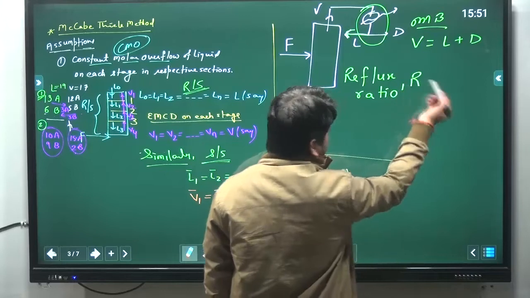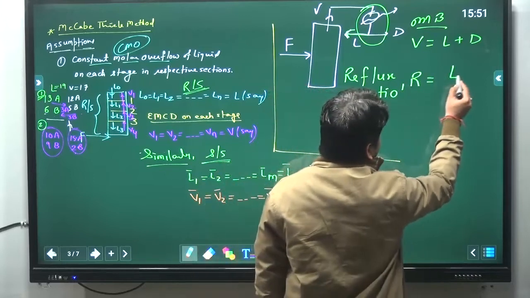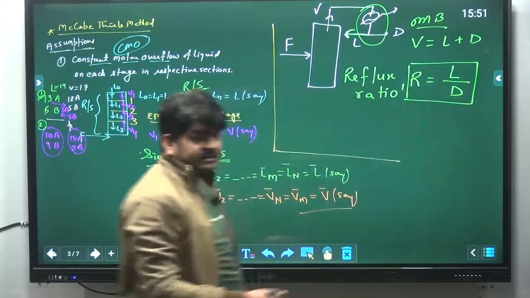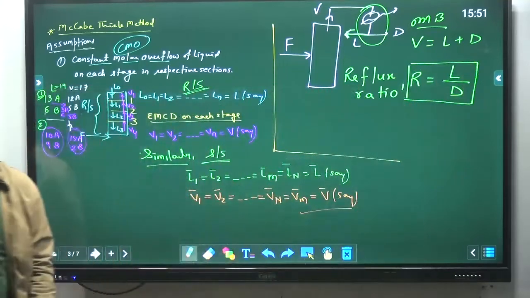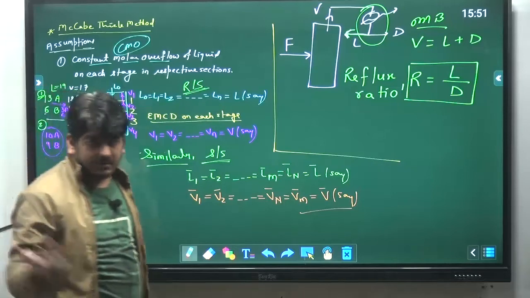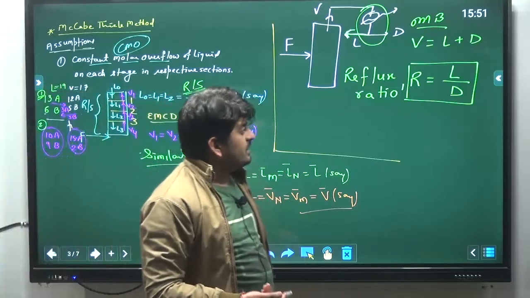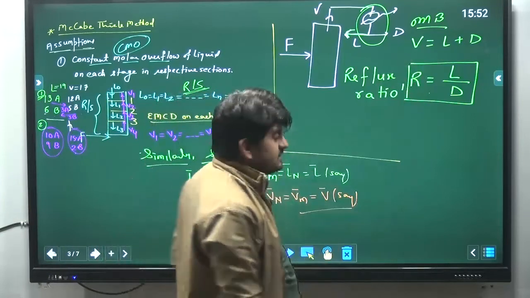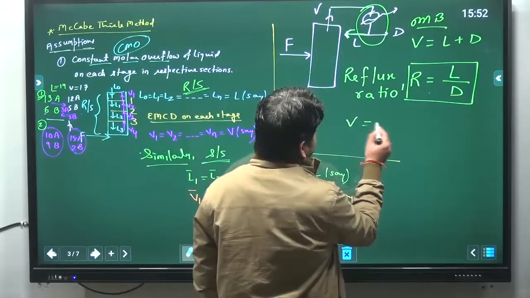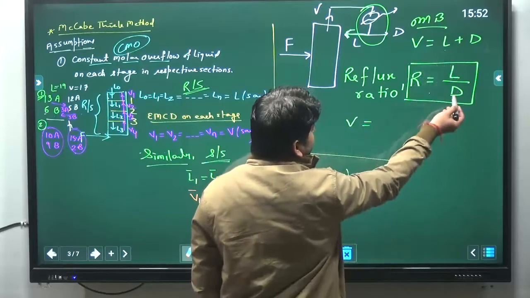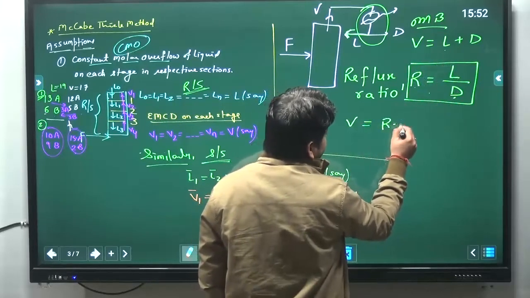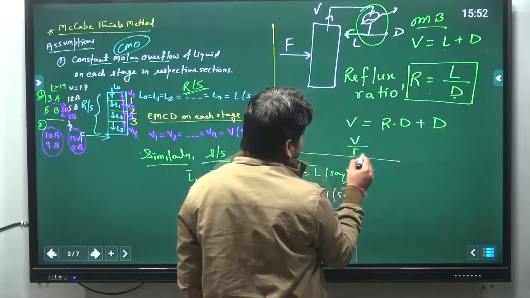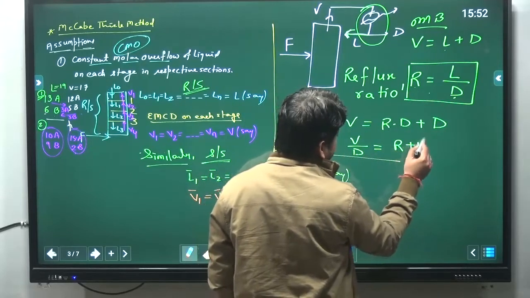Can be denoted by R, and reflux ratio is defined as L by D, amount of liquid reflux back divided by amount of liquid withdrawal as a product in distillate. Okay, so R is L by D, and when you put this value here, so you can see V is equal to, instead of L you can write R times of D plus D, so you will get V upon D equal to R plus 1.